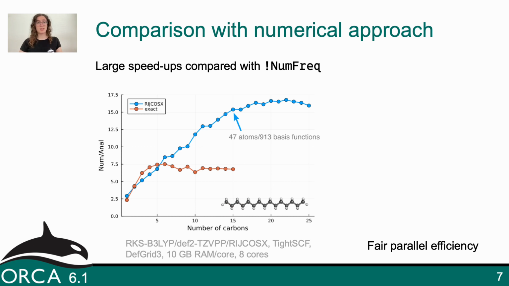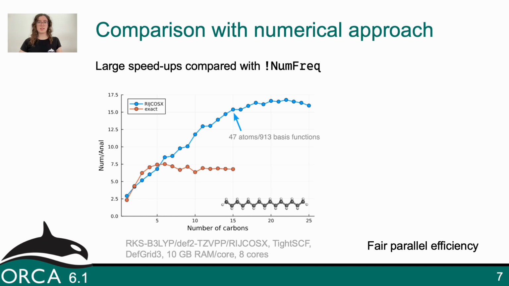And what I've observed is that, first of all, in basically all cases that I've seen, the analytical derivative is always faster. And with exact integrals, I have seen speedups up to maybe 7 times.